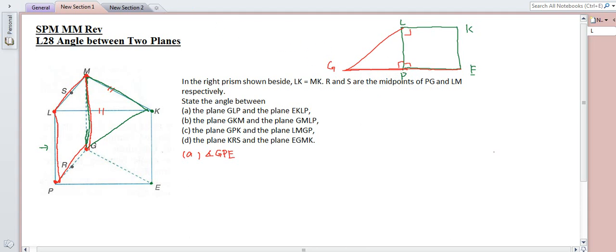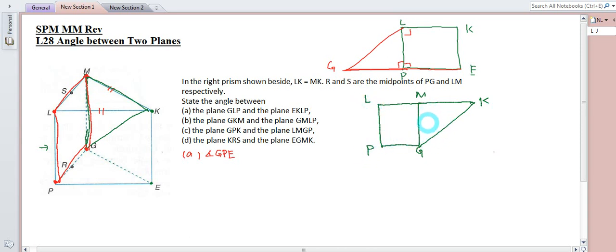So the line of intersection will be MG, right? MG. So this one, open it over here. Here you get K. So the MGPL, open it here. So this is L, this is P.